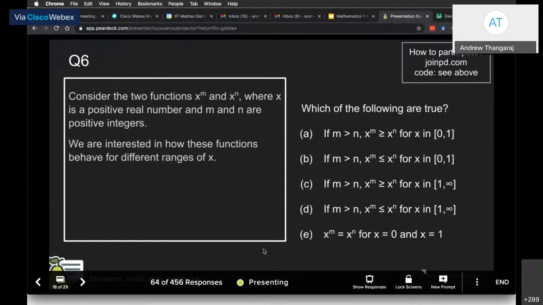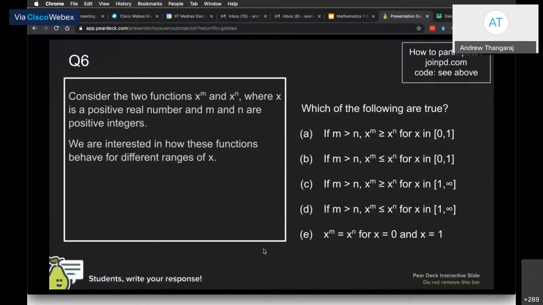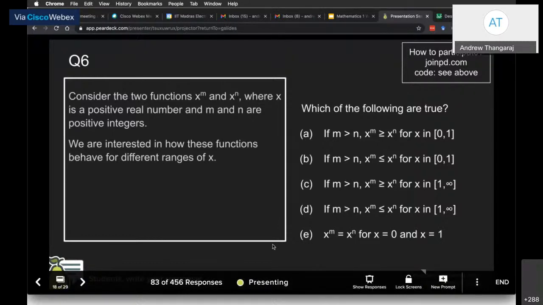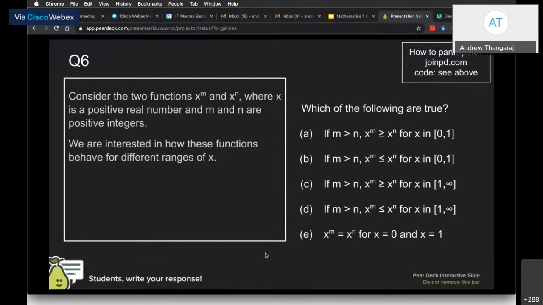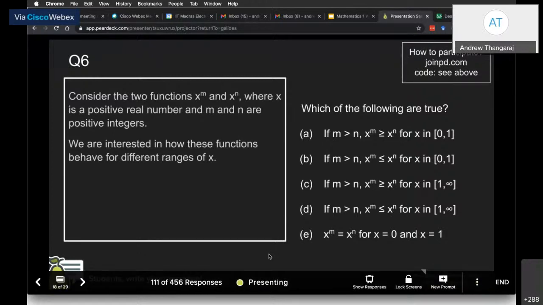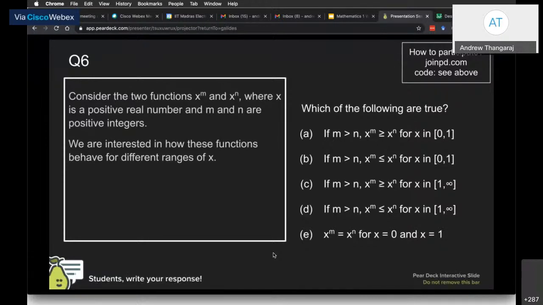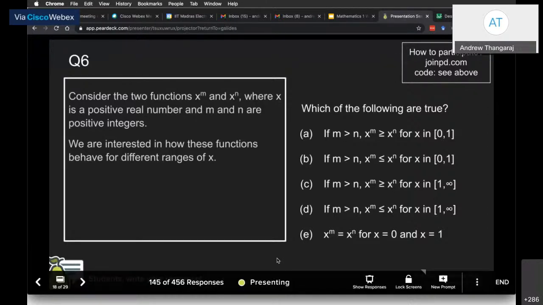So we just say what are all correct. Okay, so this is like I said, something we've seen before.